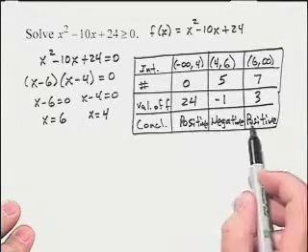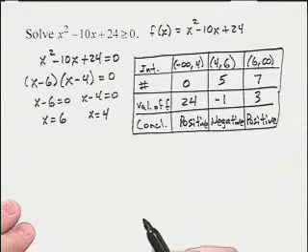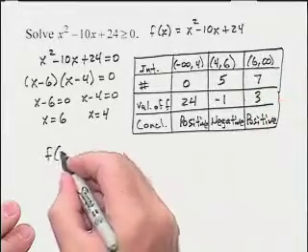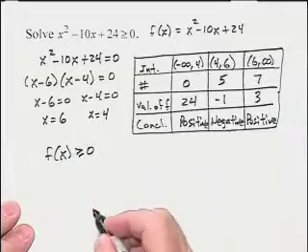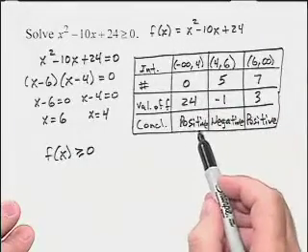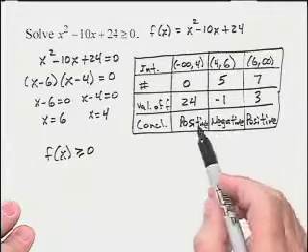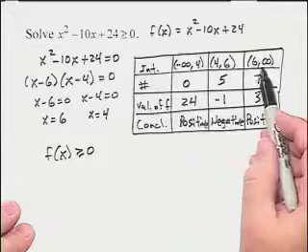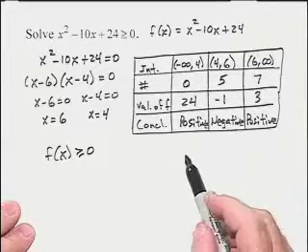That tells us the sign of the function over the entire interval. Remember, we're looking for f of x to be greater than or equal to 0. This table will tell us where f of x is greater than 0, that is, where it's positive. So we have the interval negative infinity to 4 and the interval 6 to infinity where the function's positive.